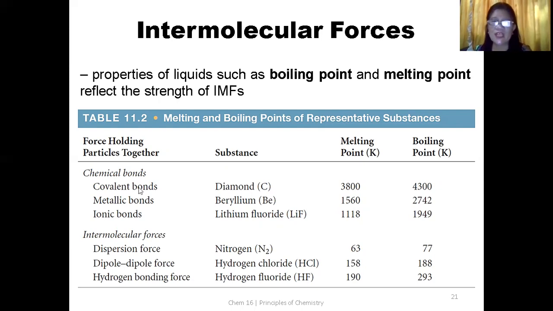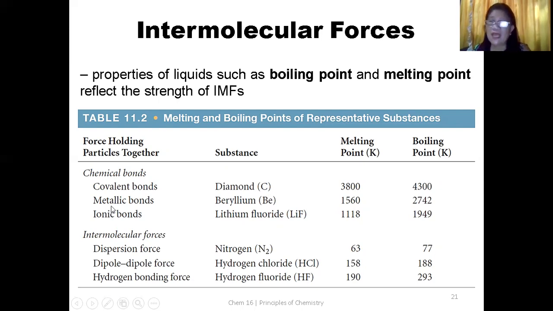For instance, covalent bond of carbon in the form of diamond, once it forms with other non-metals, has a melting point of 3,800 and boiling point of 4,300.